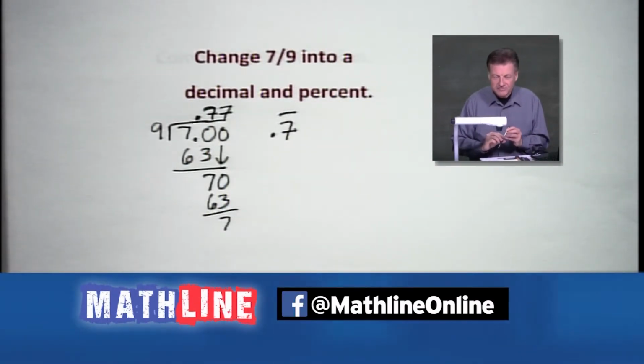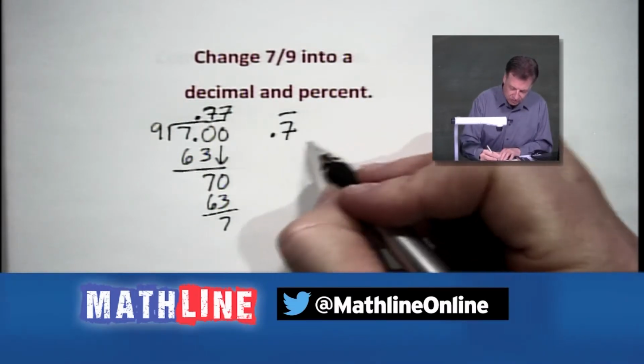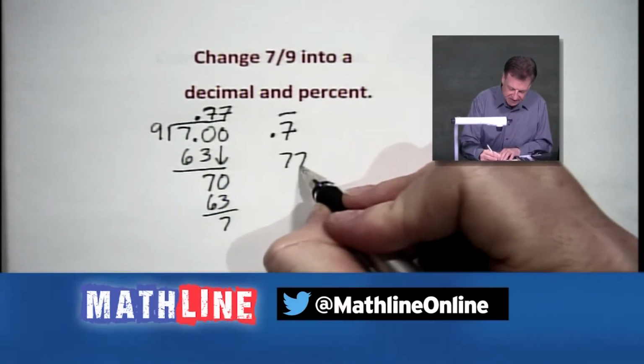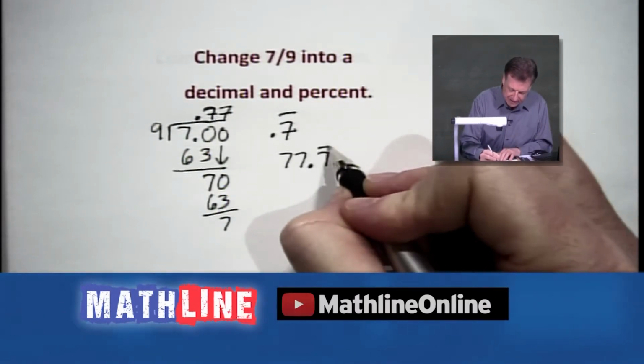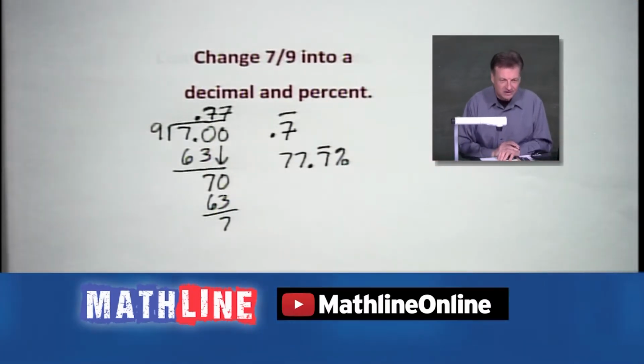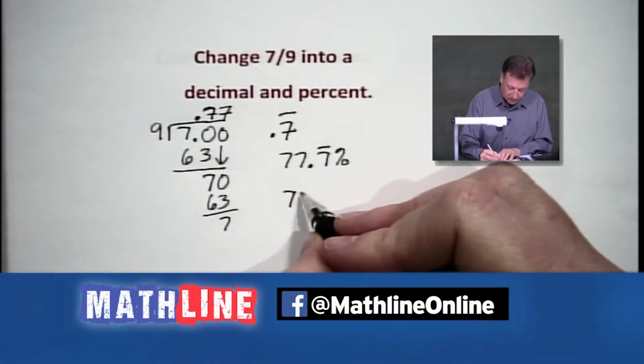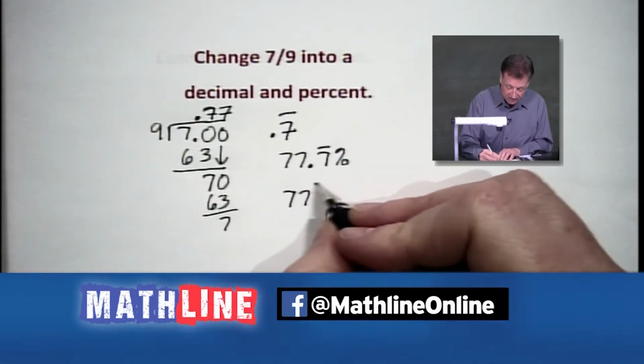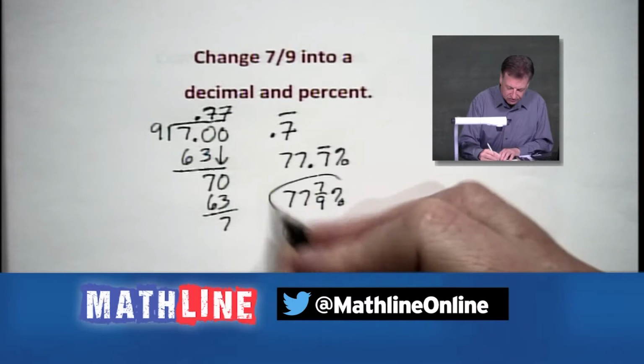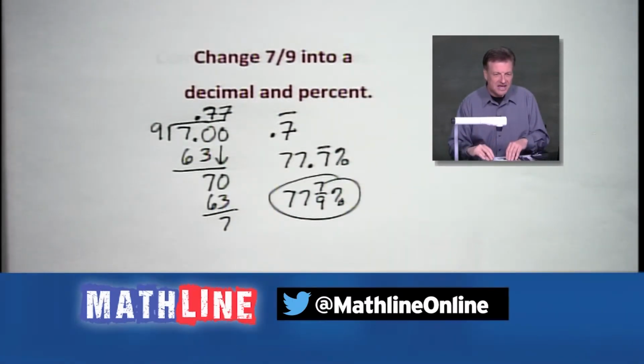Now, how would we do that as a percent? Move it 2 places, which is going to give us 77, and guess what? Another repeating 7 with the percent, okay? Another way we could write that is 77 and 7/9%. So that's the storyline here. That's what we've got going, all right?